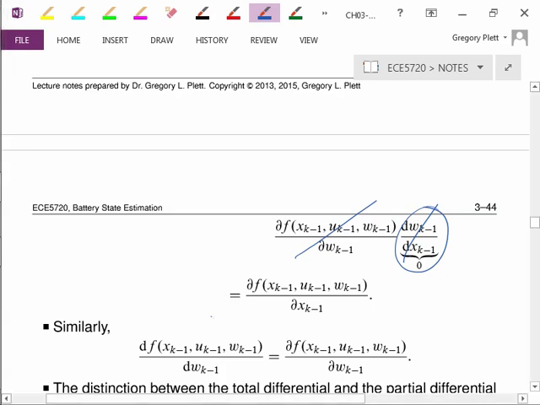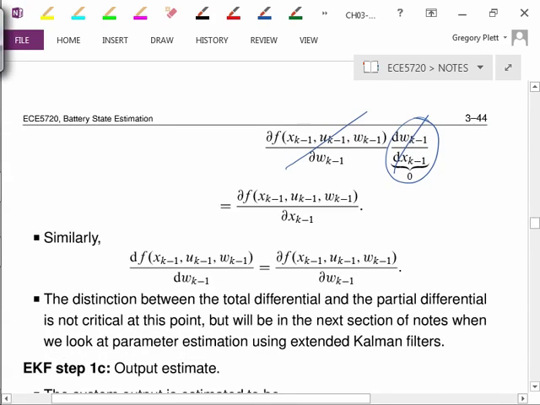So I could have used either notation in this case, except the total derivative is more correct. Go through the same argument to find df by dw, and it's the same as partial f by partial w. And we have then how to compute our A hat matrix and our B hat matrix.